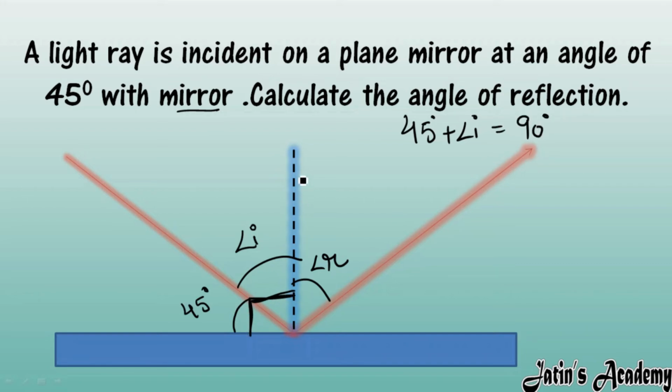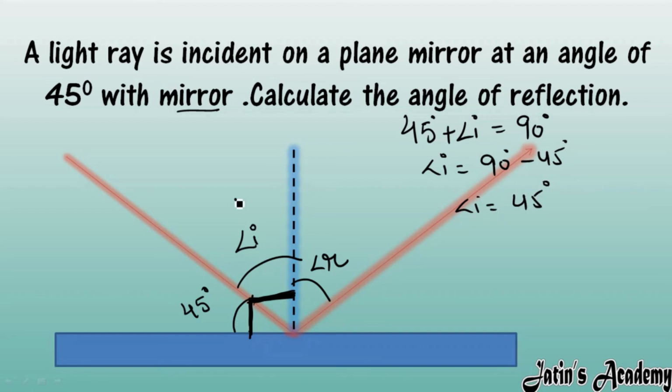Why? Because the normal always makes a 90 degree angle with the plane mirror. So this total angle, angle I and this 45 degree, is equal to 90 degree. So here you can calculate angle I. 90, 45 is in plus, that side it will go in minus. So angle I is equal to 45 degree.